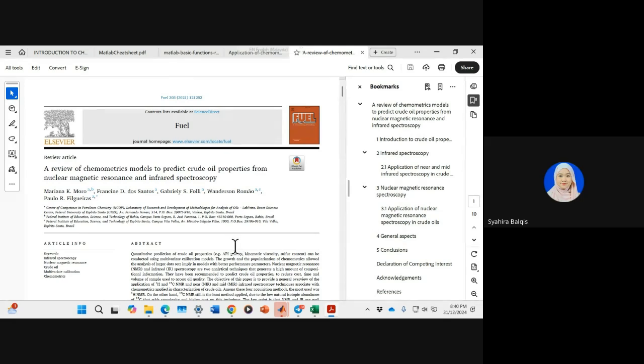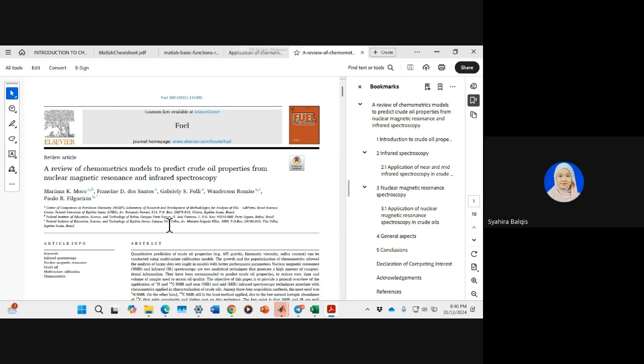Okay, so basically I picked this article because I used to work in a refinery company, which is specifically in palm oil. So basically, this paper they wanted to test some of the chemometric models to predict crude oil properties through these analytical techniques, which is specifically using nuclear magnetic resonance (NMR) and also IR.